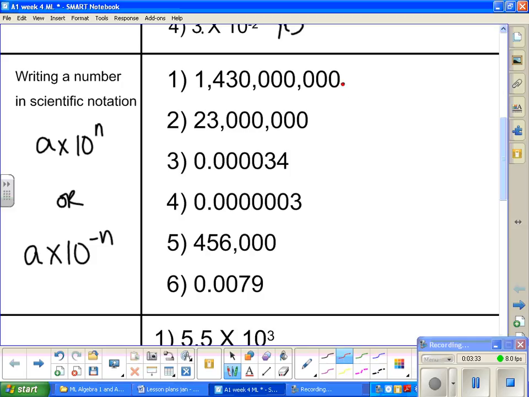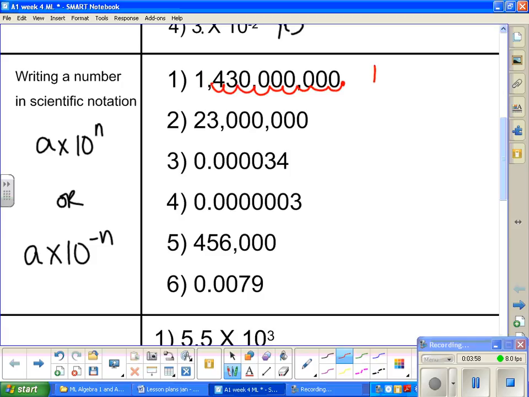And so what we want to do is count how many slots we have to move until we get in between the first two numbers. So we would count 1, 2, 3, 4, 5, 6, 7, 8, 9.